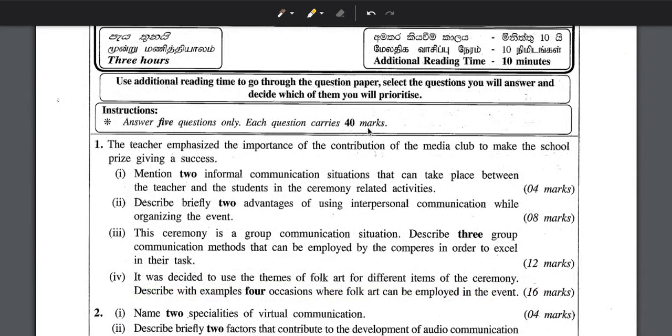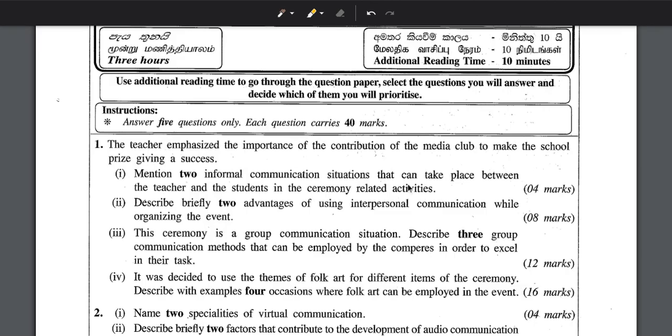So remember there are 4 parts in one question, so you need to answer all the parts in each question, which carries 40 marks, right? For the first part you have to write to the point, right? In the second, third, fourth, you can apply the same structure.